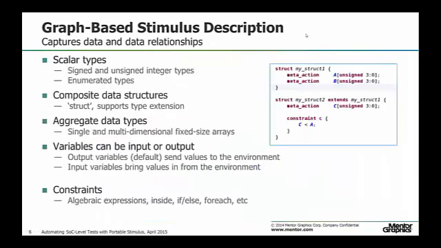So the actual rules describe both data and control flow. The data aspect is described using familiar data types like scalar and composite types. It supports inheritance and different types of variables. In addition to that, you can optionally specify data relationships using algebraic constraints like the ones you see on this slide here to the right.